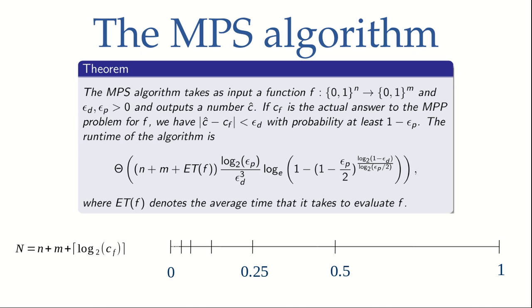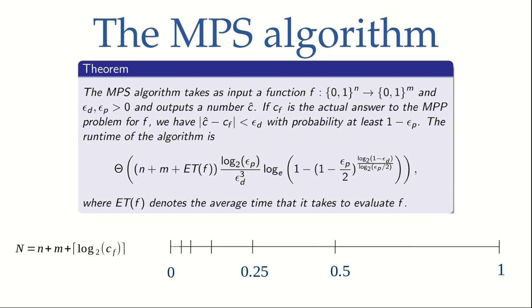Now remember that between this quantity mu and the number capital N that we want to compute, which is the number of qubits or lines that we need, there was this relation given by the ceiling of the logarithm.